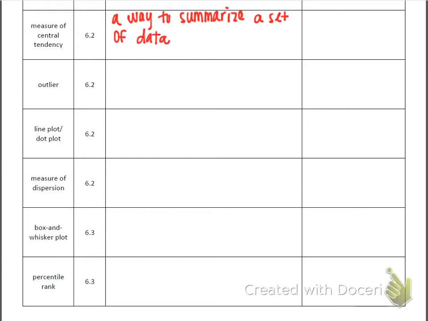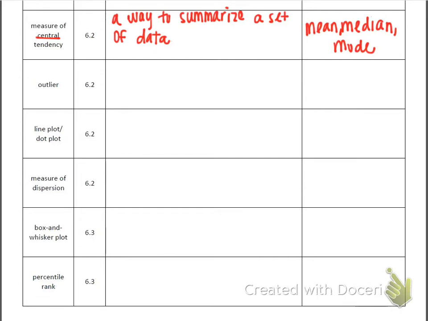You guys actually already know a couple measures of central tendency: mean, median, and mode. Those are your measures of central tendency. Central tendency means like the center of the data. So mean, median, and mode all talk about the center of the data. Okay, so where is the central area? And we'll talk about when using one is better than the other, and so on.